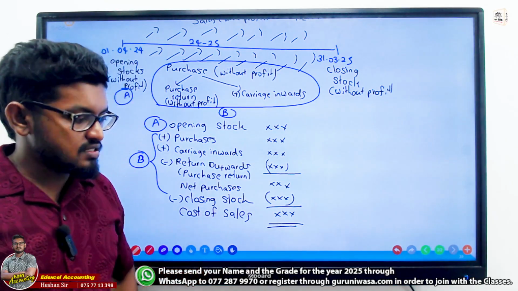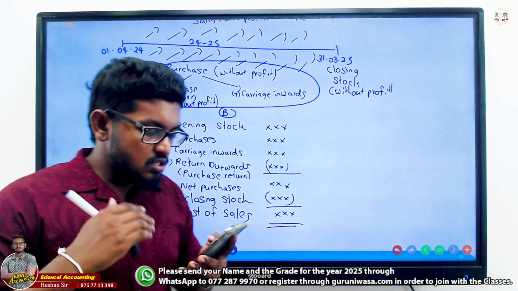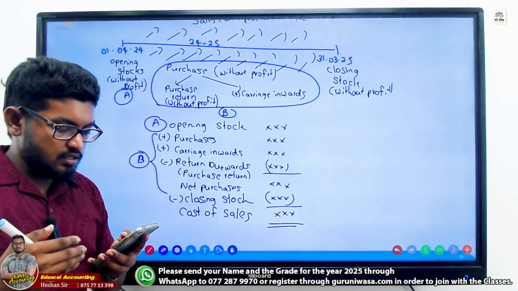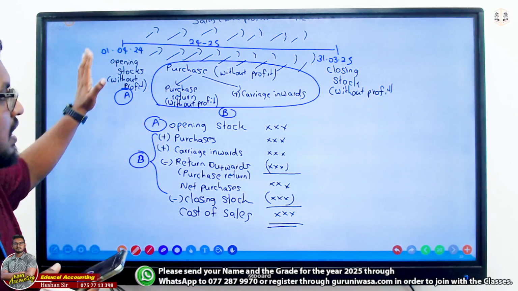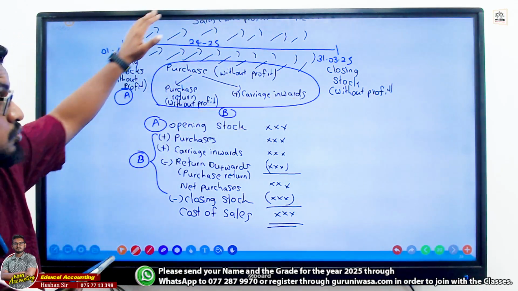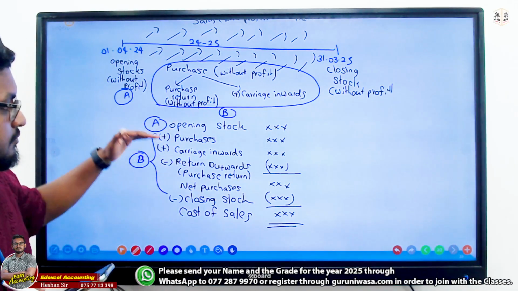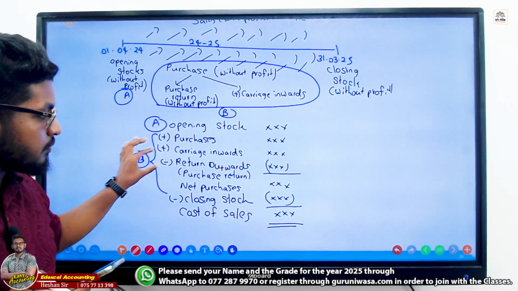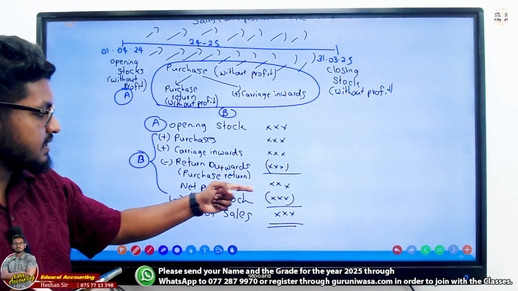Cost of sales means the cost we bear for the sold goods. Again, opening stock plus this year's purchases. To get this year's purchases, it is purchases plus carriage inwards. From that we deduct our purchase returns. Then we take the net purchases.